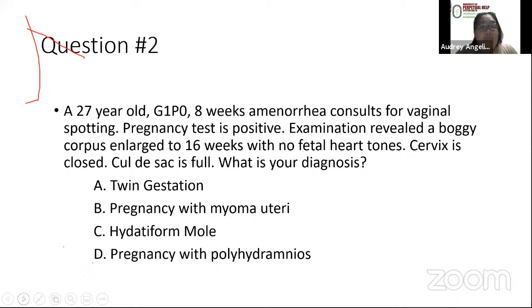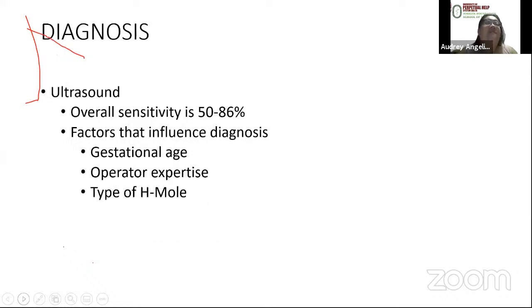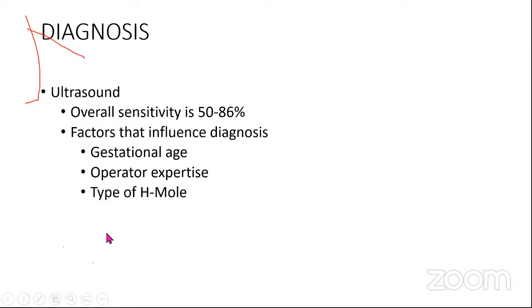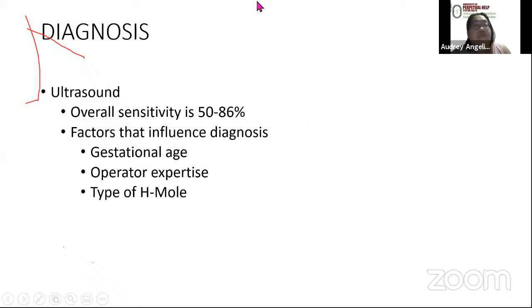So question number 2, the answer is hydatidiform mole. Your ultrasound will show an overall sensitivity of 50 to 86%. Factors that may influence your diagnosis are gestational age, expertise of the operator, and type of hydatidiform mole.